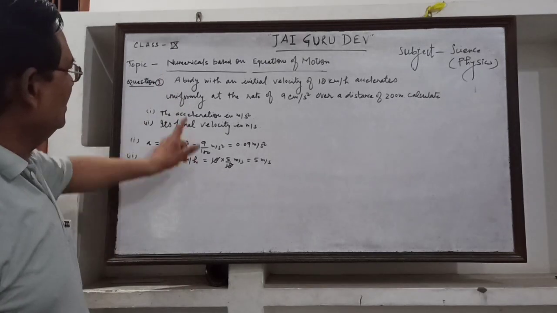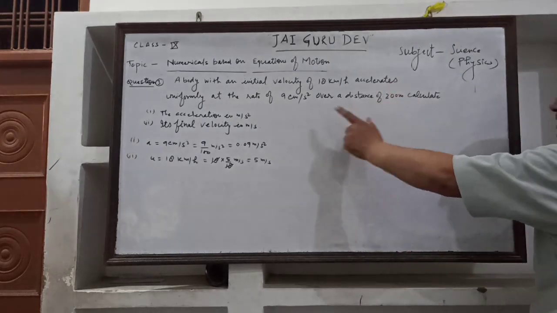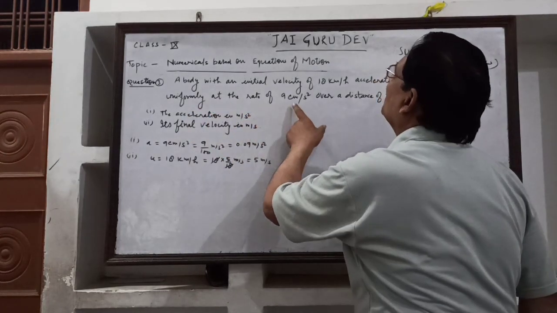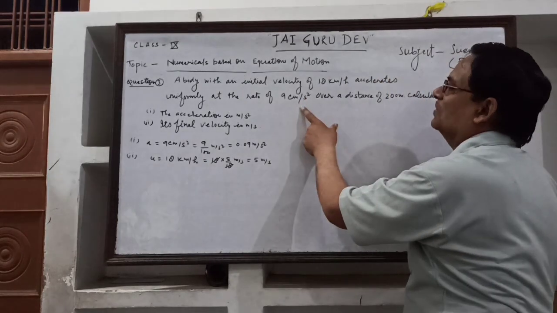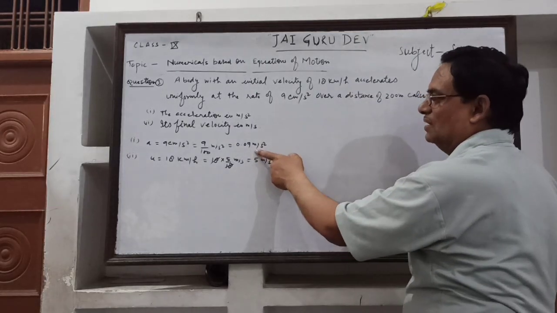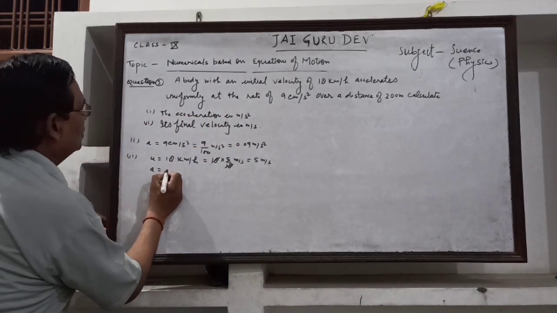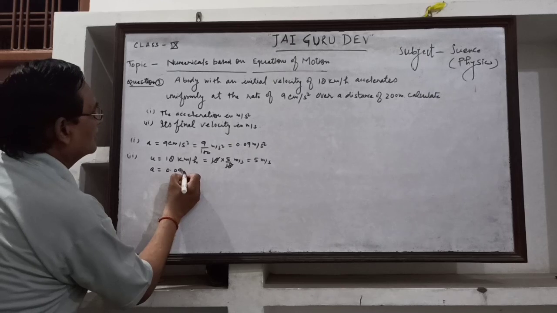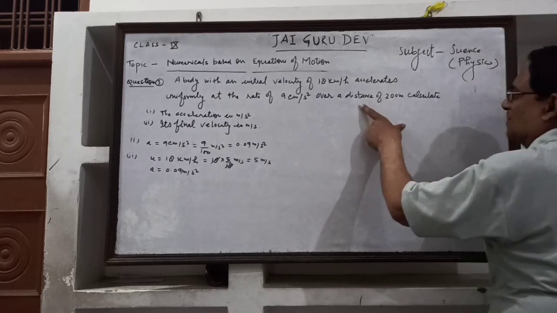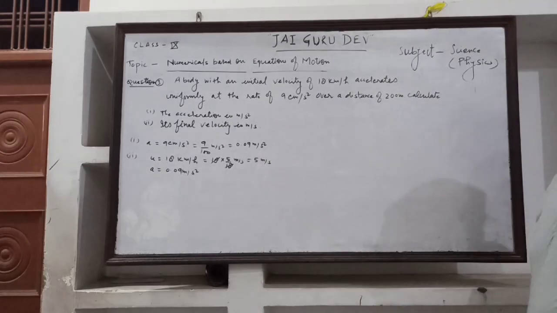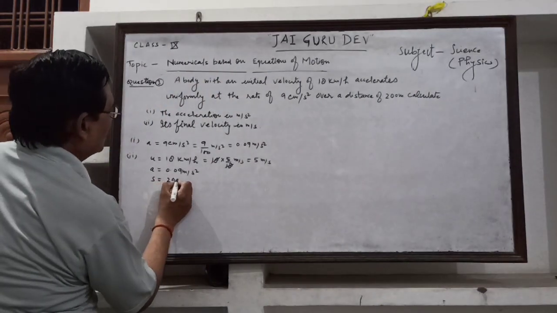Okay. Once again I read: a body with an initial velocity of 18 km per hour accelerates uniformly at the rate of 9 centimeter per second square. This is A, and we have converted it into meter per second square in the first part of the question. So again we note it down. A is equal to 0.09 meter per second square, over a distance of 200 meter. Symbol for distance is S. So S is equal to 200 meter.